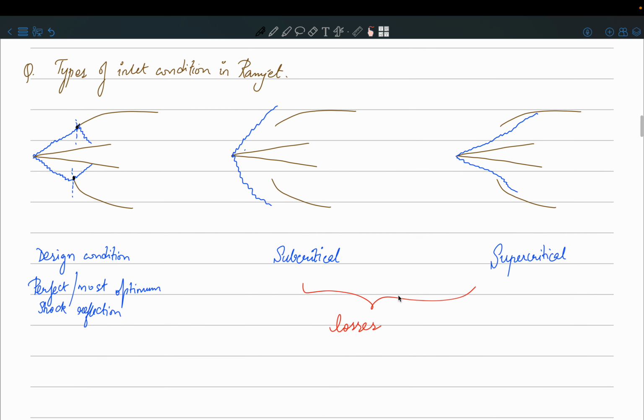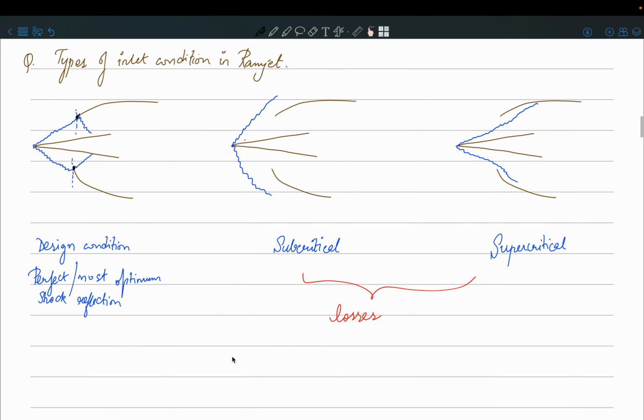And in both of these cases, the losses in the stagnation pressure will be much more than the stagnation pressure loss in the design condition. Is this understood? These three inlet conditions in a ramjet?